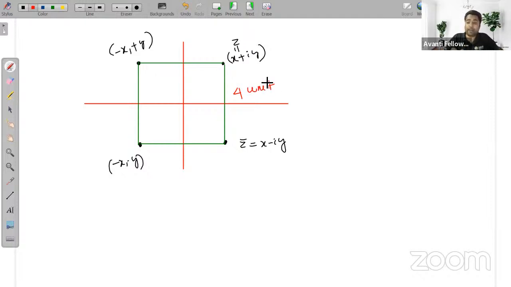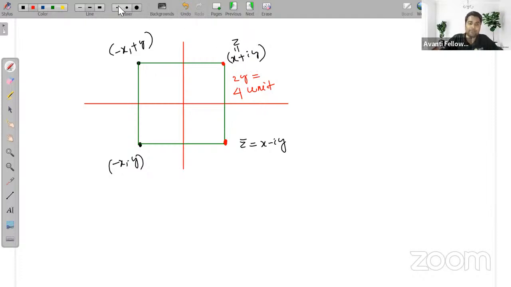Now you need to find the modulus of the complex number. Okay, so if this point is x plus iy and this point is x minus iy, what is the length? Anyone can say what is the length? This will be 2y or not? So 2y, it is given as 4 units.